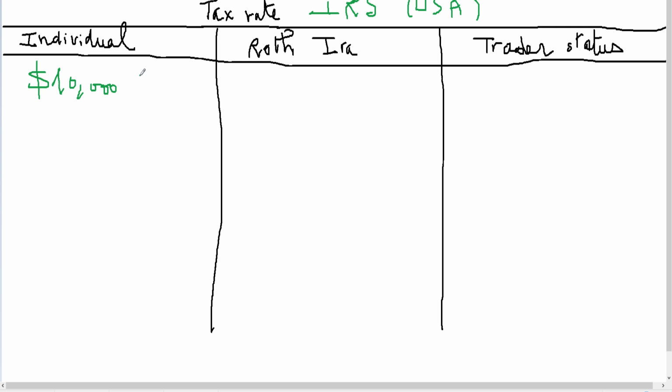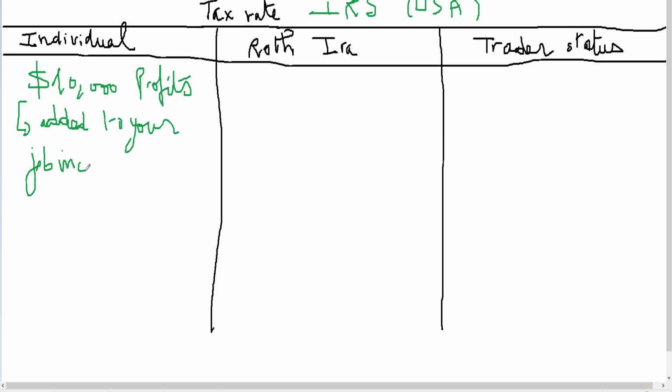$10,000 as profits. Now, at the end of the year, when you have made a profit, this is added to your income. Your income means your job income. It is as if you have done a second job.